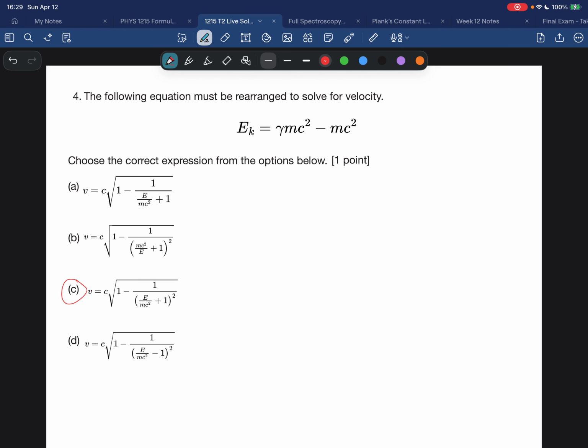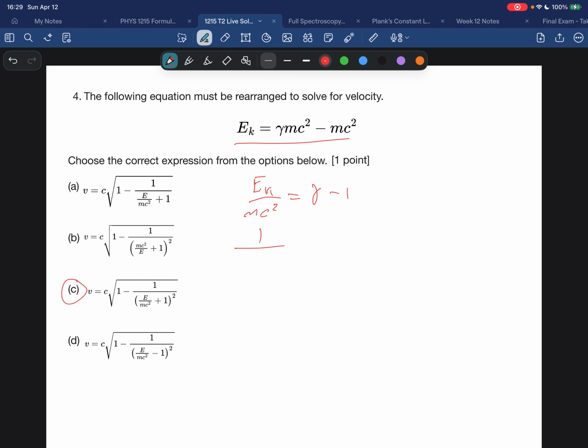So, starting with the equation listed here, I'm going to divide everything by mc squared. So I get EK over mc squared equals gamma minus 1. I'm going to add 1 to both sides, and I'm going to sub in for gamma at the same time.